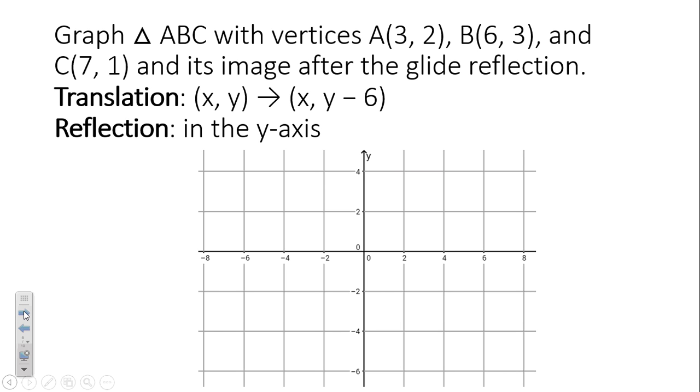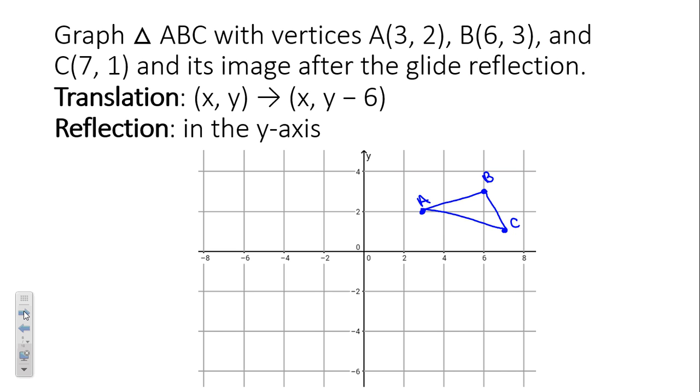A is the point 3, 2. So we get this little triangle that looks like that.